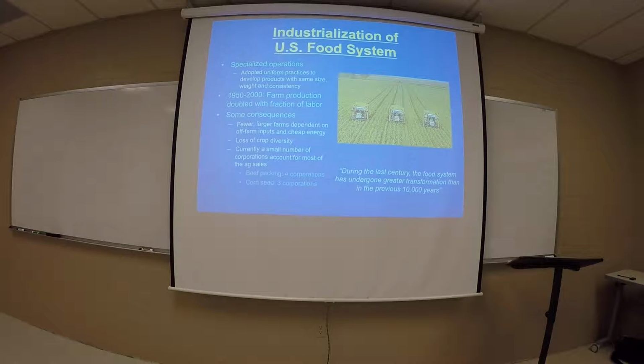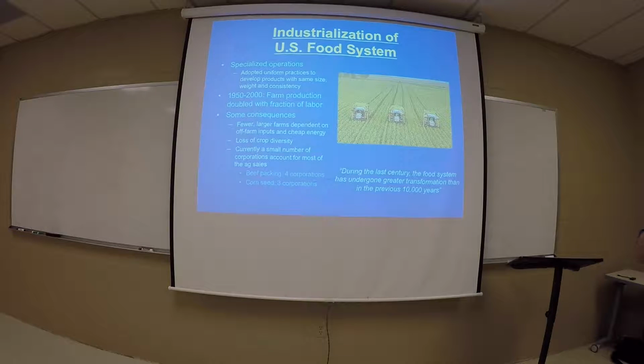We've seen a tremendous loss in crop diversity. Right now, on a large scale, we're producing corn, soybeans, and wheat as the major crops. We're not producing a lot of other crops on a large scale. And also, we're seeing a very small number of corporations accounting for all of the agricultural sales in the U.S. As an example, I read that in the beef packing industry, there are only 4 corporations.